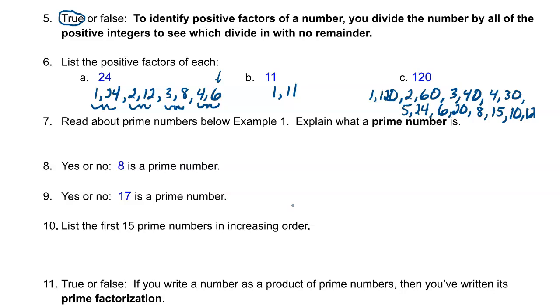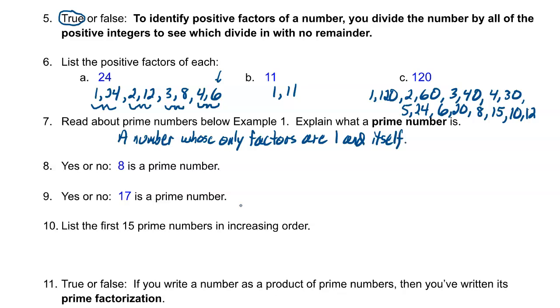So number 7, explain what a prime number is. A prime number is a number whose only factors are 1 and itself. Number 8, yes or no, 8 is a prime number.